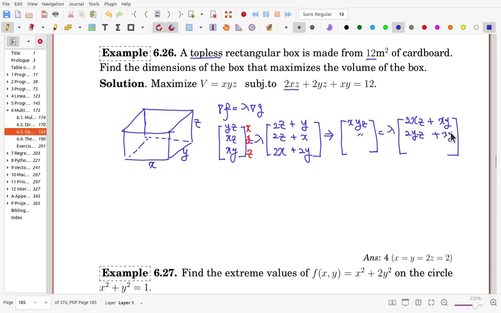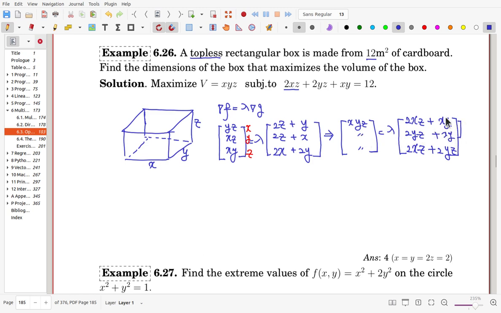Now we multiply by z, then again xyz, and lambda times 2xz plus 2yz. Right? So once lambda is non-zero, these two must be the same.